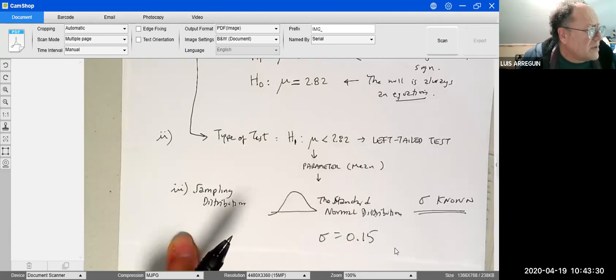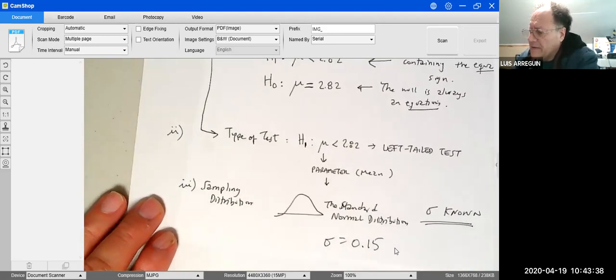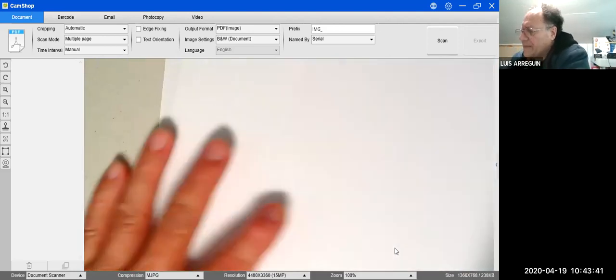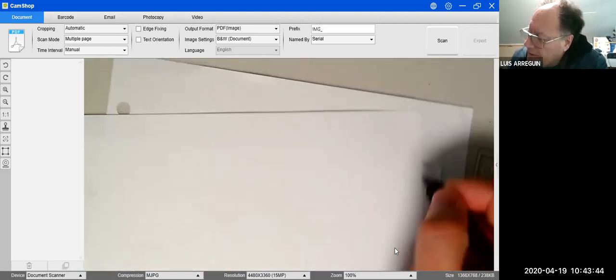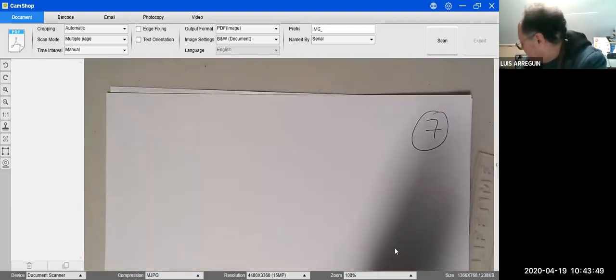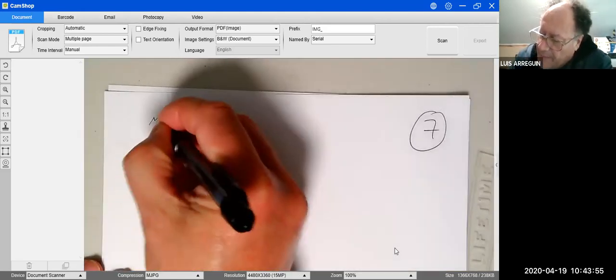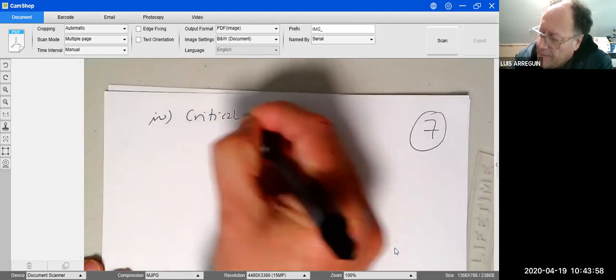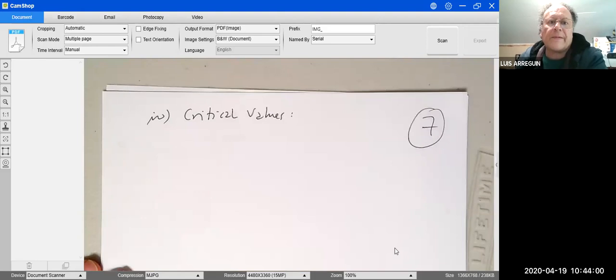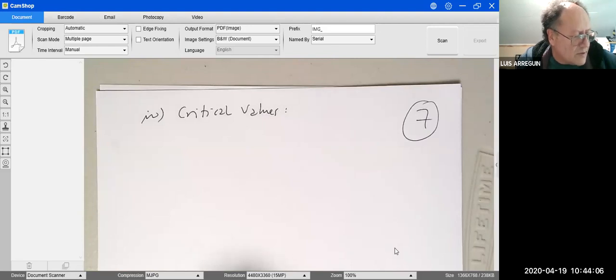Now the next step is just getting the critical values. So we're going to write now the critical values. We're going to find them. So we have step 4, critical values. Maybe the ordering is different from the one that I gave you before, but you just need to check the steps that you are performing.